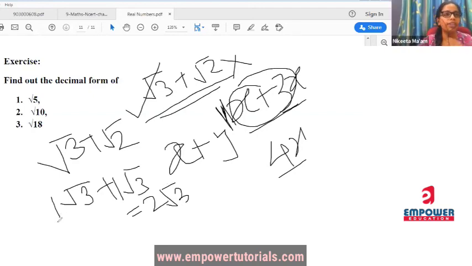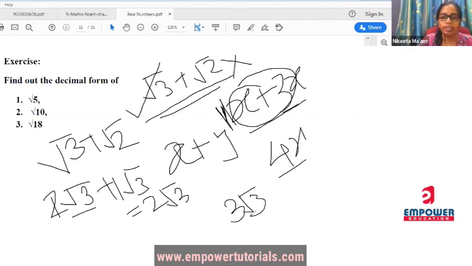You will apply the same rules for addition and subtraction. All operations that we do with irrational numbers, you have to apply the same rules. So if you have 2 root 3 plus root 3, this will be 3 root 3.